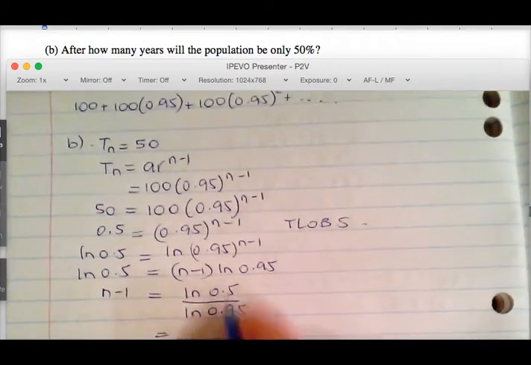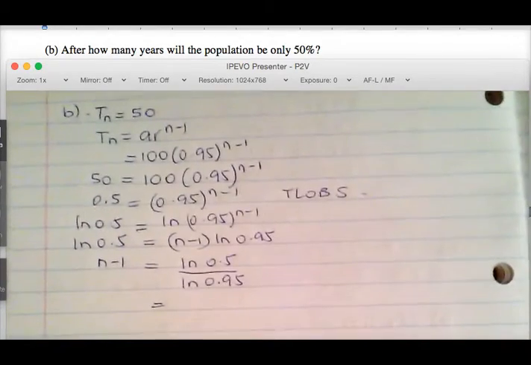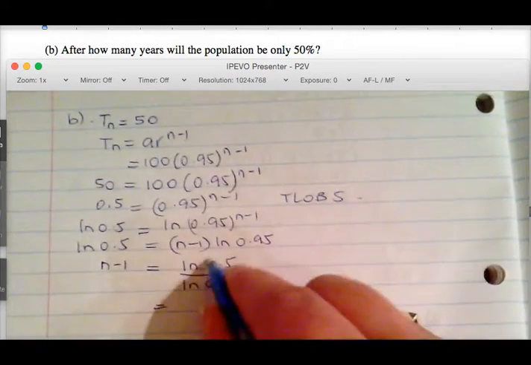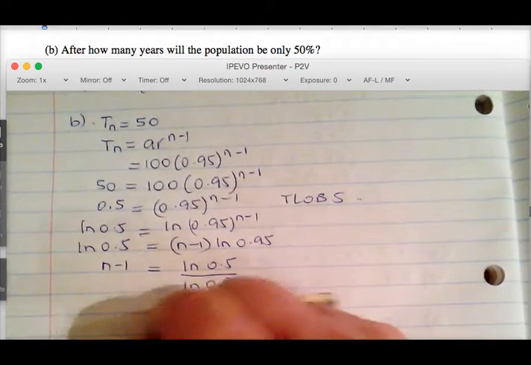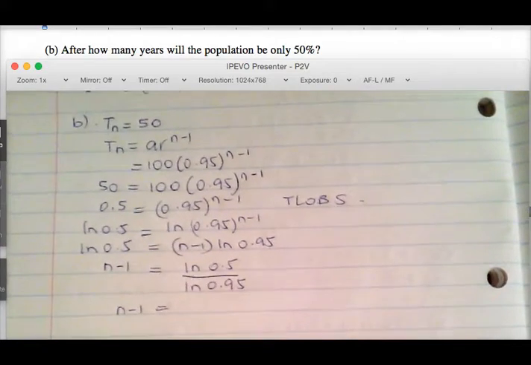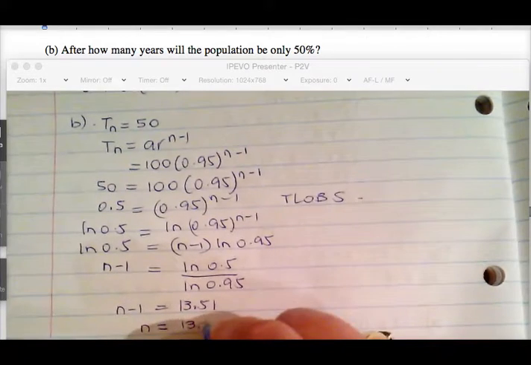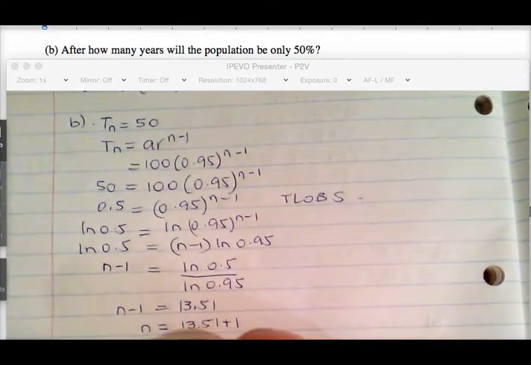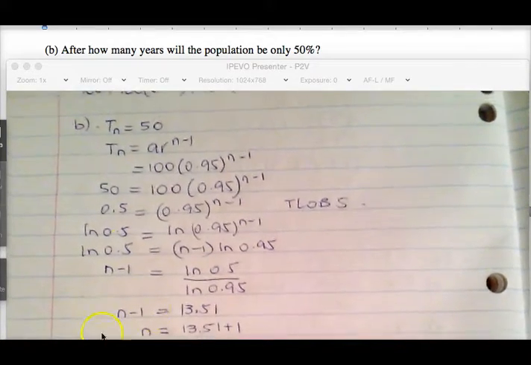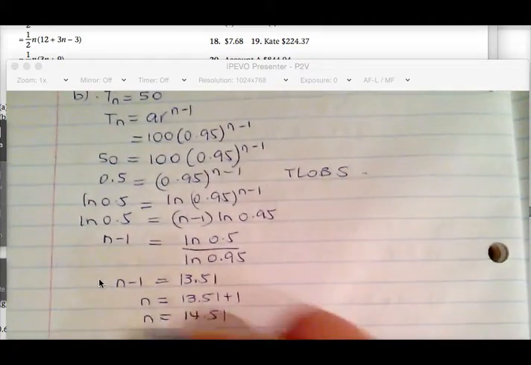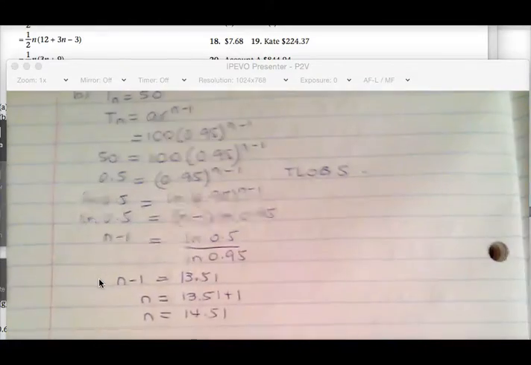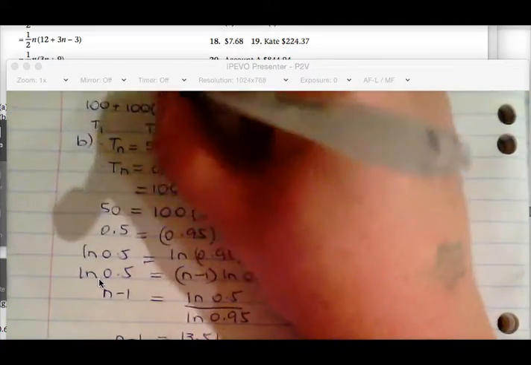Now both of those are negative. Log of anything between 0 and 1 is negative. So negative divided by negative will be positive. So n minus 1 is 13.51, so therefore n is 13.51 plus 1, which is 14.51. So as we were looking before, back up here, term 1, term 2 is after the first year.